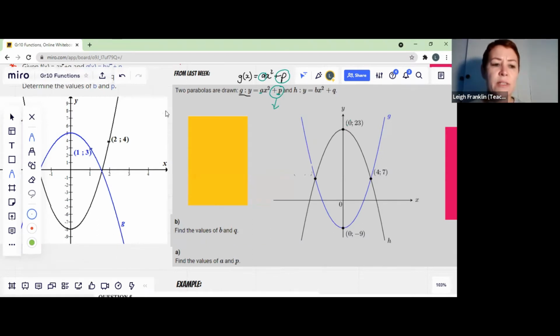Nizol, the y-intercept. Excellent. Yes, absolutely. It's your y-intercept. So Nizol, if you look at the picture, g of x is the one that's the blue graph. So we're looking at the blue graph. Can anybody tell me what is the value of y at the y-intercept?